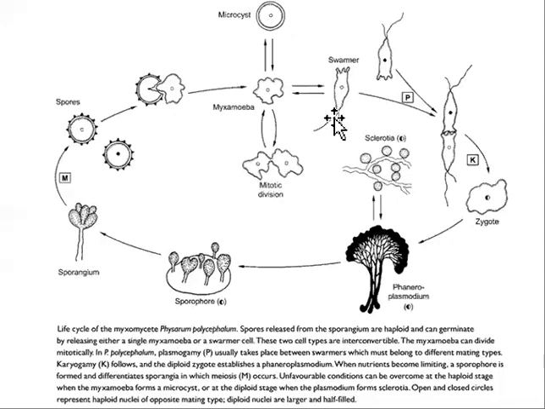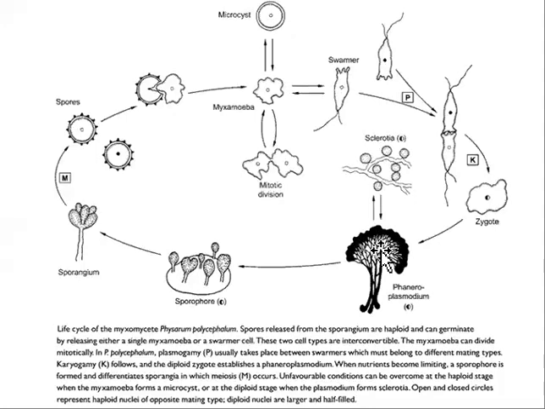and Myxoamoebae can also combine to form the zygote. So this zygote can be formed from two different Myxoamoebae as well as from two genetically compatible swarmers, and then they convert into phaneroplasmodium. If the conditions are unfavorable, this phaneroplasmodium can form sclerotia, which help them to survive under unfavorable conditions.